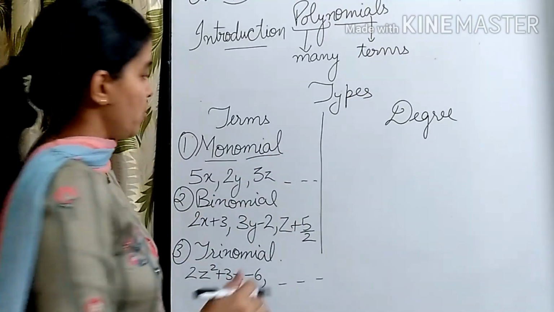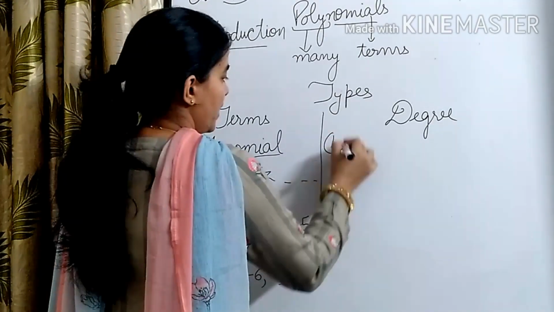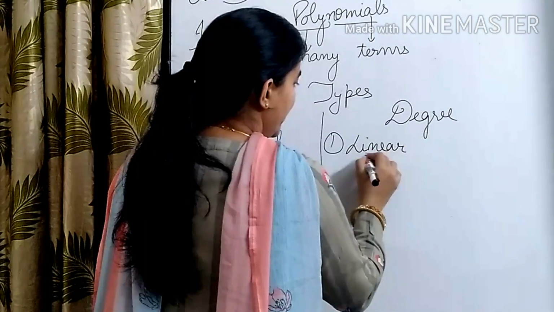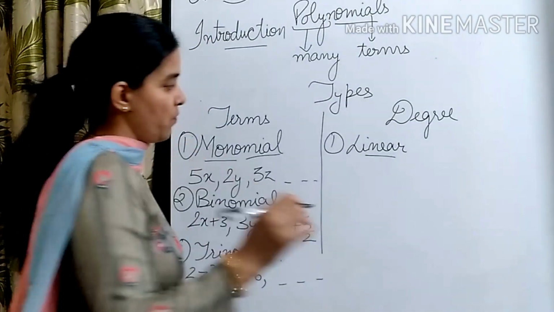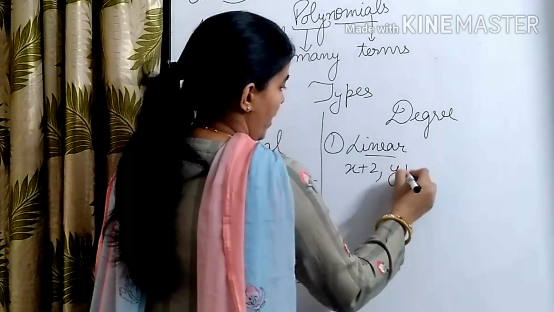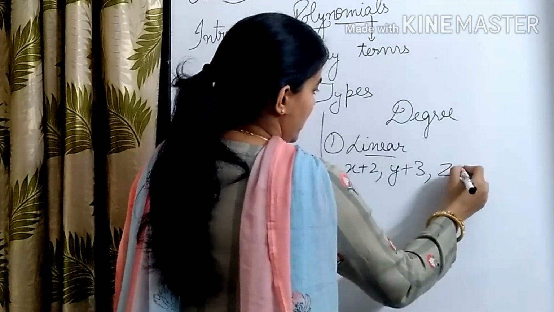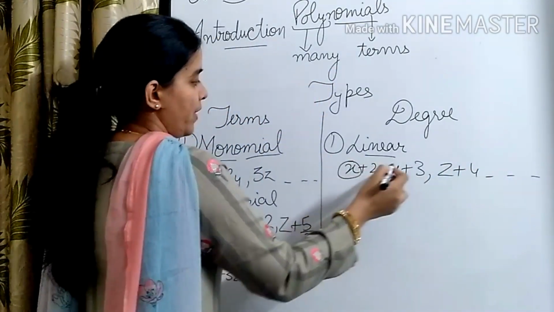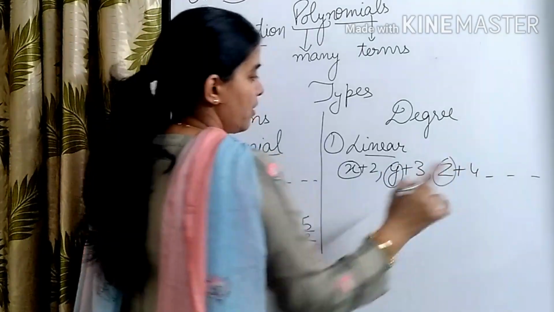Now on the basis of degree. On the basis of degree, the first one is linear polynomial. Linear polynomial where the degree is 1, like x plus 2, y plus 3, z plus 4. Here you can see that the variable is having the power 1.